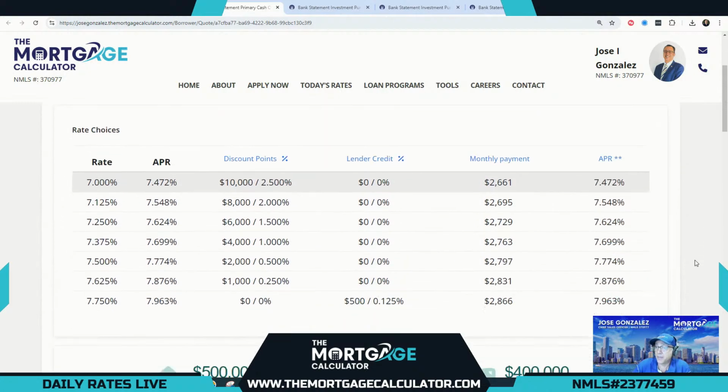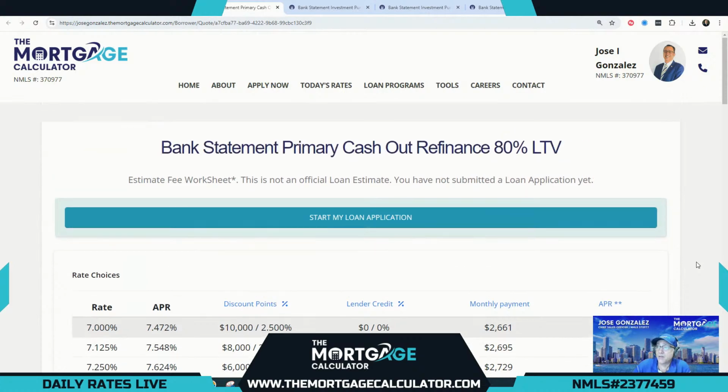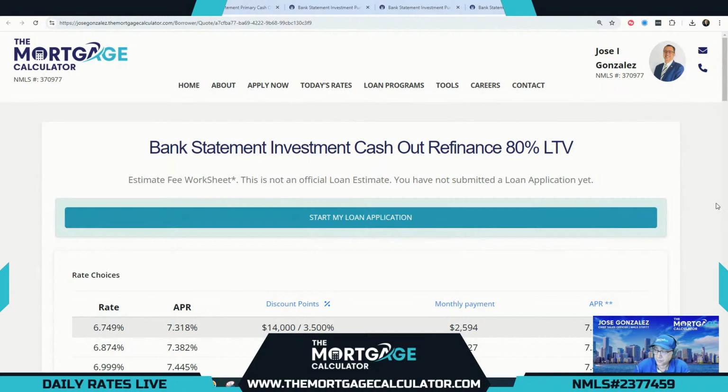So 80% LTV, primary cash out refi, you're actually looking at a lender credit at our lowest cost option, lender credit of 0.125, and you can buy that down all the way to 7% at a cost of 2.5 points for our primary cash out and an 80% LTV.